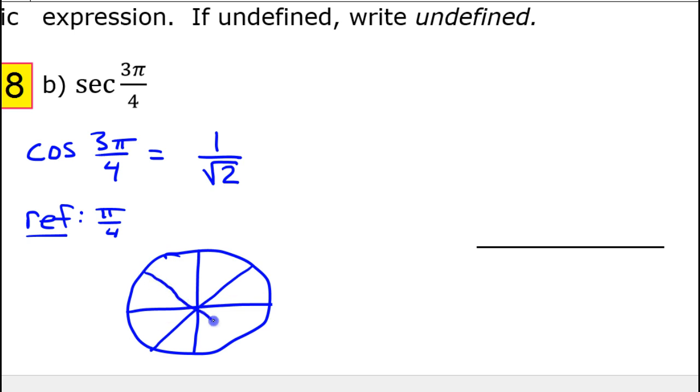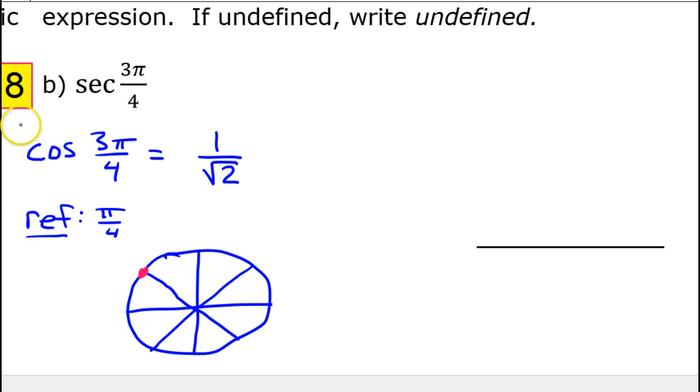Here I'm dividing the top half into 4 pieces because that's pi, and now I've got pi over 4. 3 pi over 4 is going to be right here because 1, 2, 3 pi over 4. So notice that this is in the second quadrant. So is cosine going to be positive or negative over here?